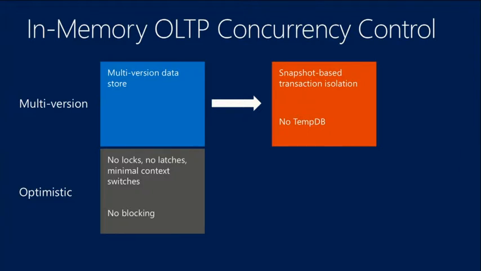But you assume optimistically it is going to commit, it is going to succeed. So we don't take any locks or latching, and also we minimize the context switching. So by doing that, we don't have any blocking. So we cannot have that a transaction takes a lock on some row and that another transaction needs to wait. No, we let the transaction just continue.